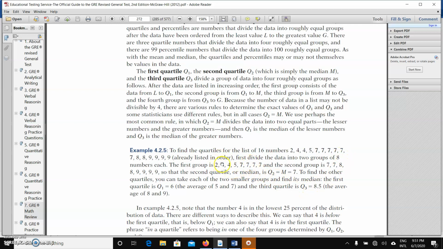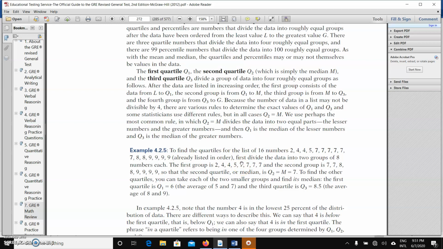What I was trying to explain the other time in the previous video was that when you have divided the data into two groups like that, you look for the median of the first part. That's why I said you have to arrange it in ascending order. This is the first part. The middle numbers here should be 5 and 7, right?